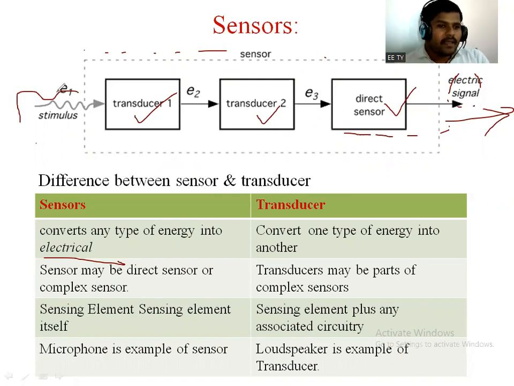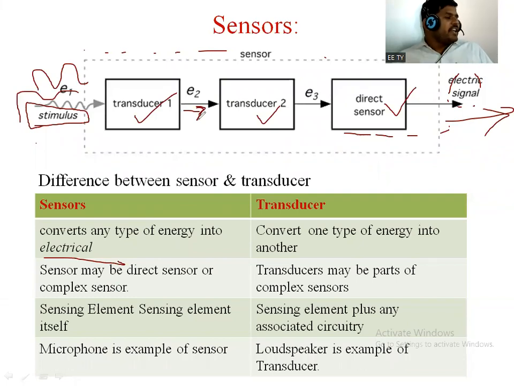Suppose the transducer senses the stimulus in the form of a signal like a wave, and it can be converted into another type, not a direct electrical one.